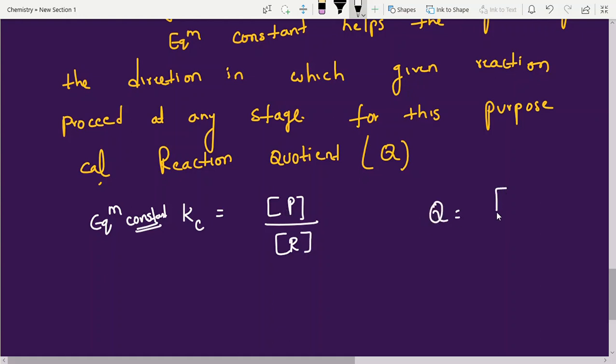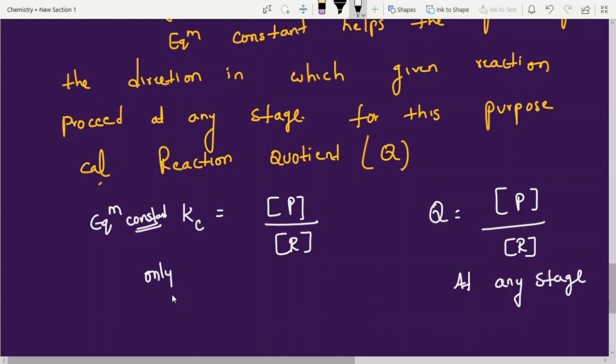Q also is concentration of products by concentration of reactants. This is at any stage. At any stage we are calculating: initial stage, or else after completing 3/4, after completing 1/4, 50%, anywhere you can calculate. But Kc is only at equilibrium. This is the difference. Clear?